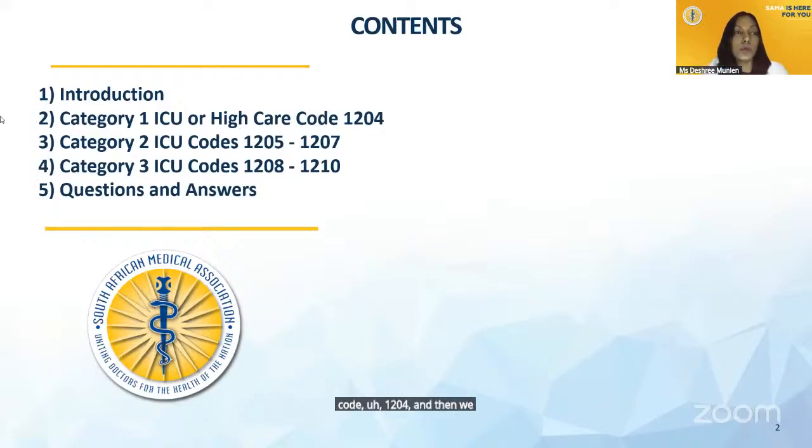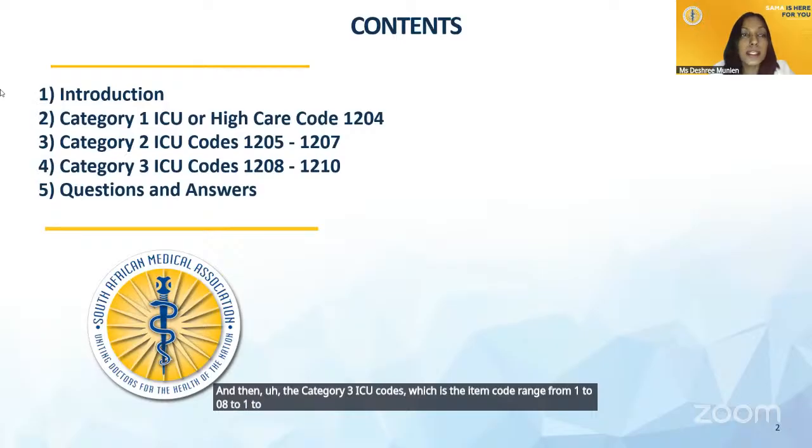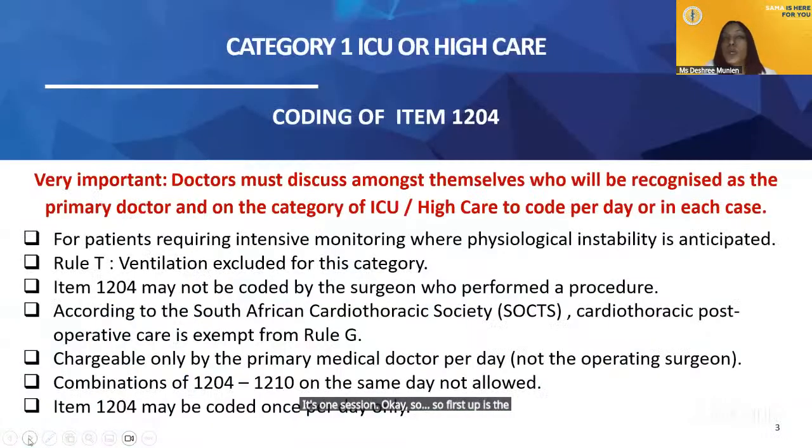Then we'll go on to category 2 ICU codes, that is the item code range 1205 to 1207, and then the category 3 ICU codes, item codes 1208 to 1210. Lastly, we're going to have a question and answer session. We do have two panelists who will be joining us for the question session.